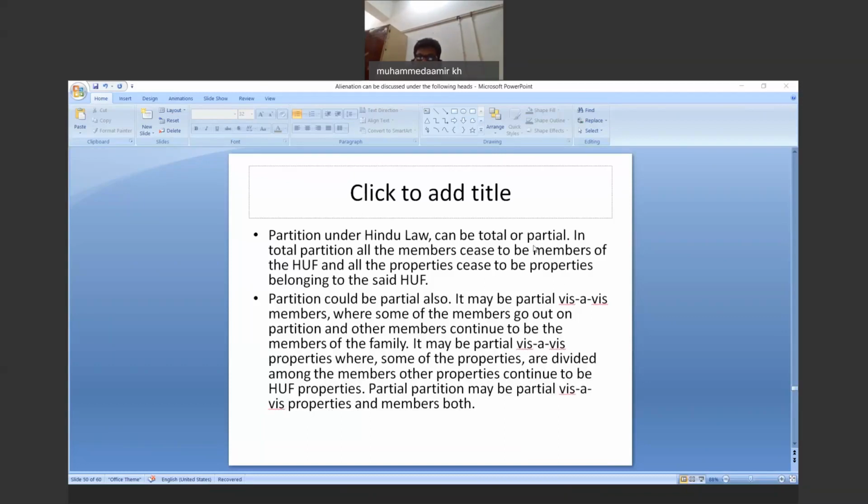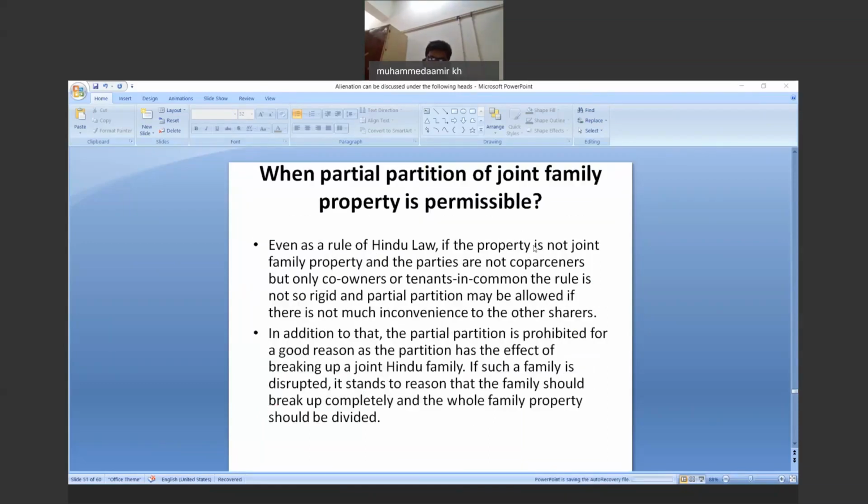Partial partition happens in relation to the members, when some members go out for partition and other members continue to be members of the family, and it may be partial in relation to the property, which is divided among the family members. Both ways it can happen, to persons or to the property, which we have to discuss in detail now, when partial partition of the joint family is permissible.